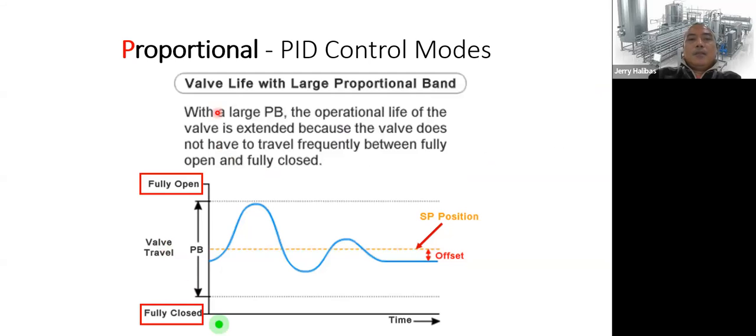Okay. So, the valve life with a large proportional band. If the proportional band is large, the proportional gain is small. They are inversely proportional.